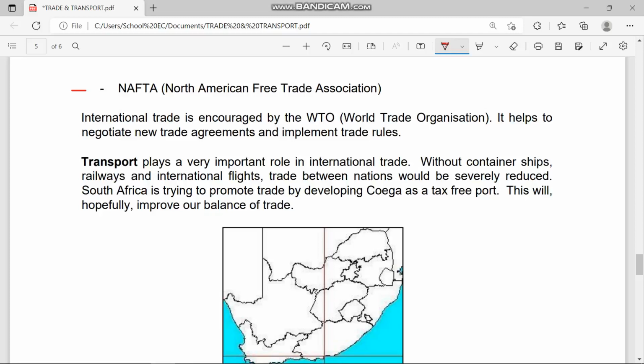Yes, it helps to negotiate new trade agreements and implement trade rules. As you know, there are agreements when countries trade with each other, and rules. Let's say you're coming with your own goods and services from your own country, which are foreign goods to our country.